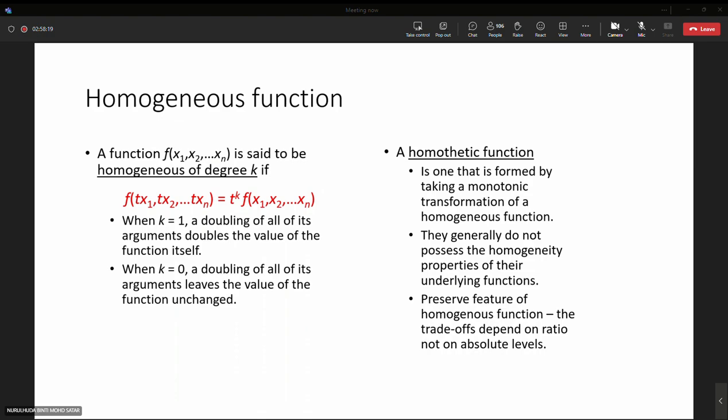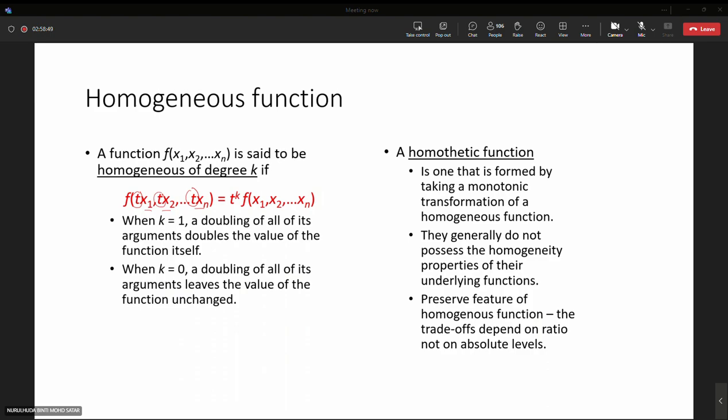In this case, we say it's homogeneous of degree k if all of the x's here are multiplied proportionately. So that's important: proportionately increased. Let's say that initially we consume one plate of rice and one cup of coffee, and what happens if we increase proportionately?